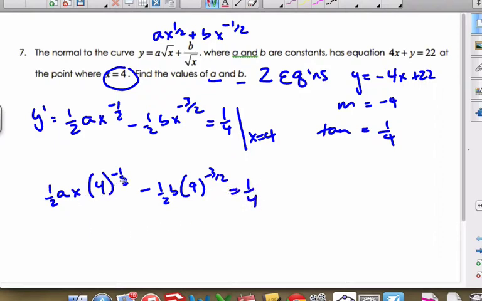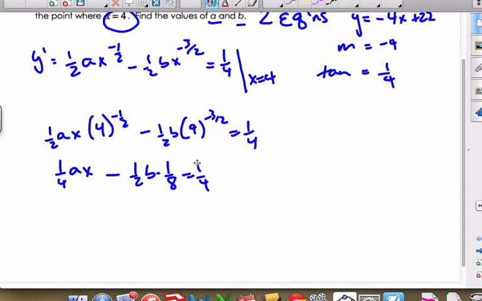Simplifying this, square root of 4 is 2, I flip it, so I get times a half, so this is 1/2 times a half is 1/4 a minus, if I take the square root of 4 is 2, to the power 3 is 8, and negative that, so it's 1/2 b times 1/8 is equal to 1/4.